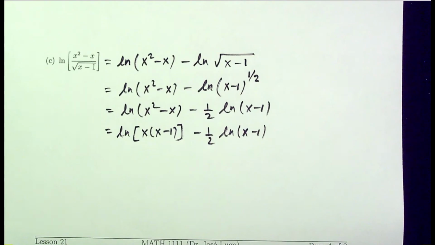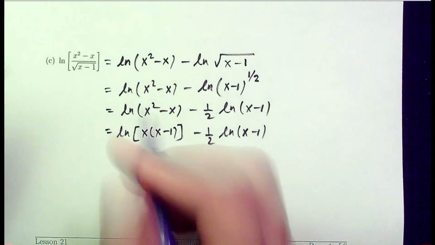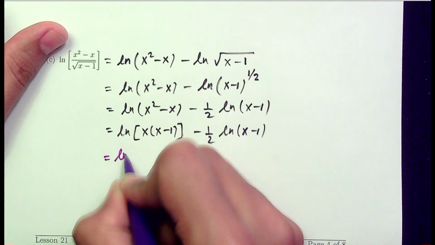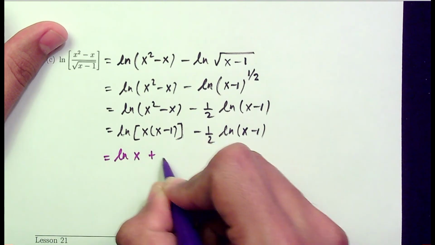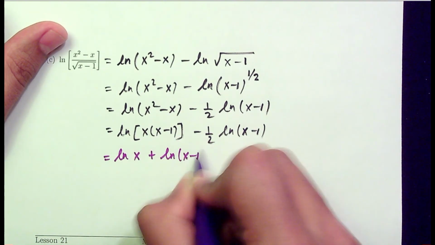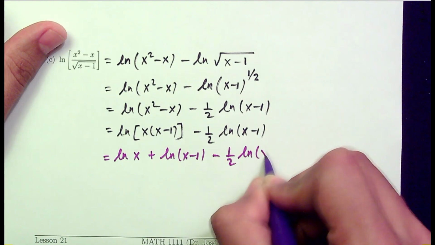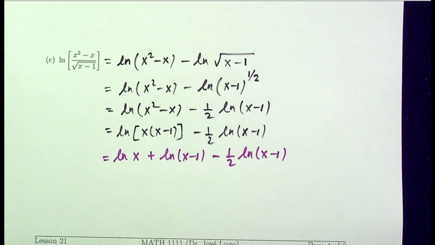And because you have a product, you can use the property that says the logarithm of the product is the sum of the logarithms. So now I can expand this and say this is ln of x plus ln of (x minus 1) minus 1 half ln of (x minus 1). And that is correct.